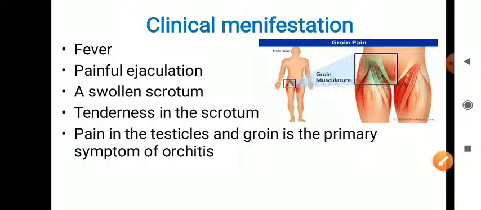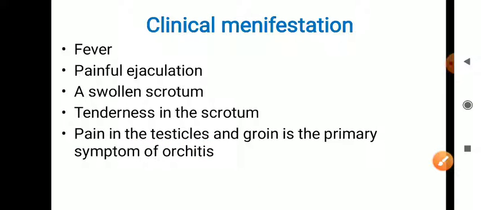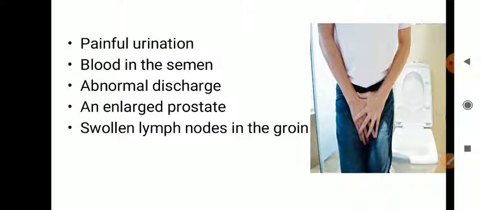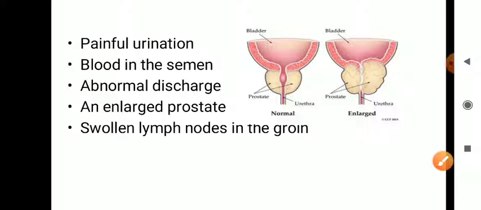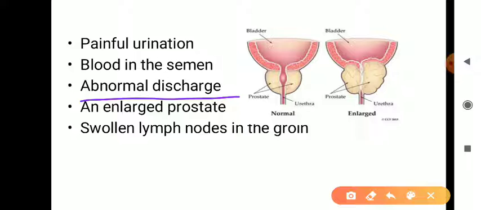Next sign and symptom is painful urination. The patient will be having pain during urination. And next one is blood in semen. And abnormal discharge will be there through the urethra.